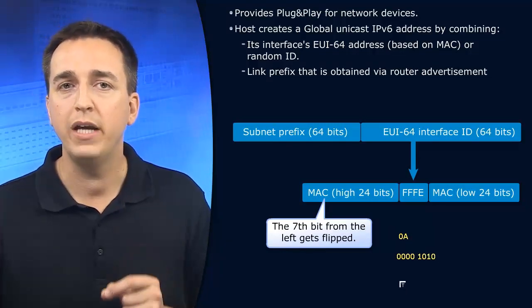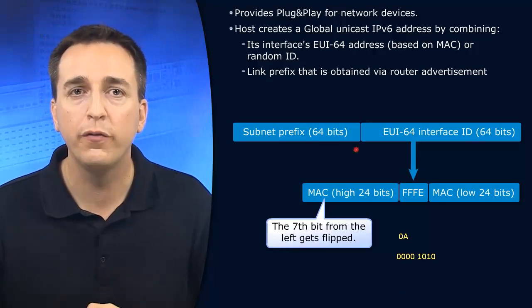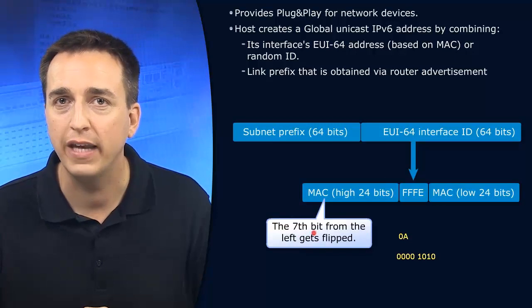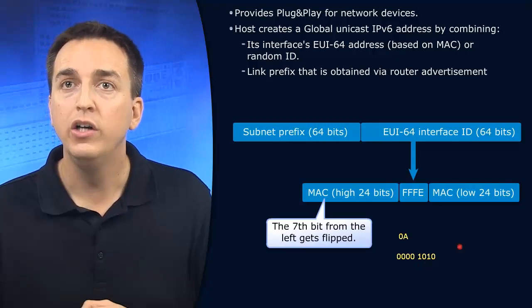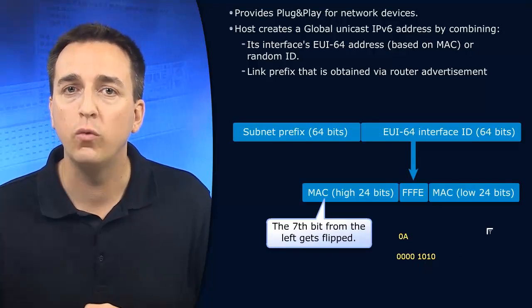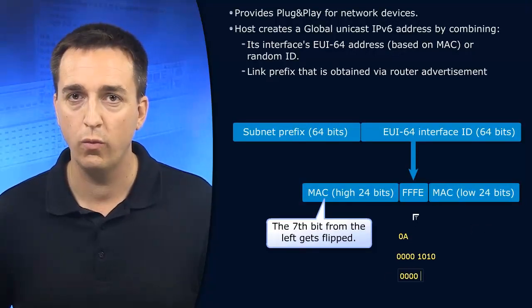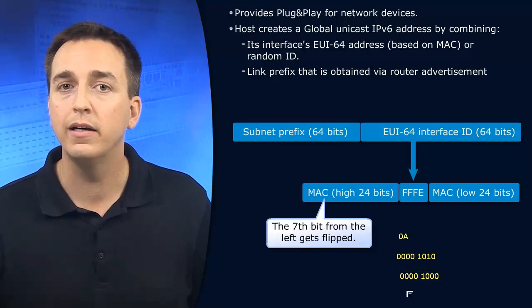So with that information, where is the 7th bit from the left? That's right, I said 7th bit from the left gets flipped. Well, 1, 2, 3, 4, 5, 6, 7. So we flip that bit. What's our new value here? We get 0000 1000. So now we convert that back into hexadecimal.